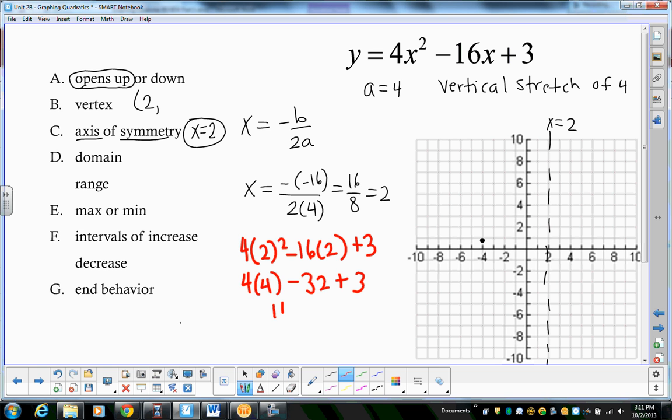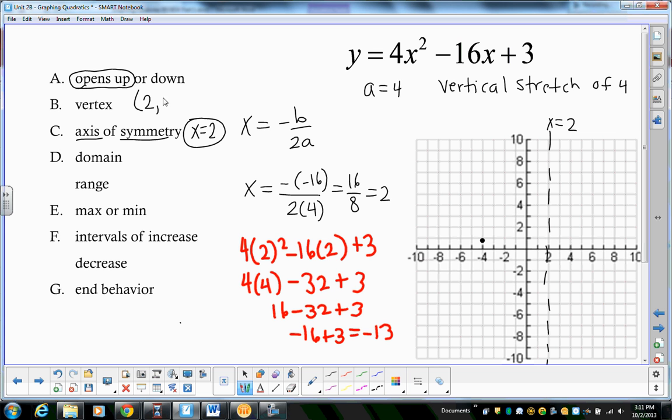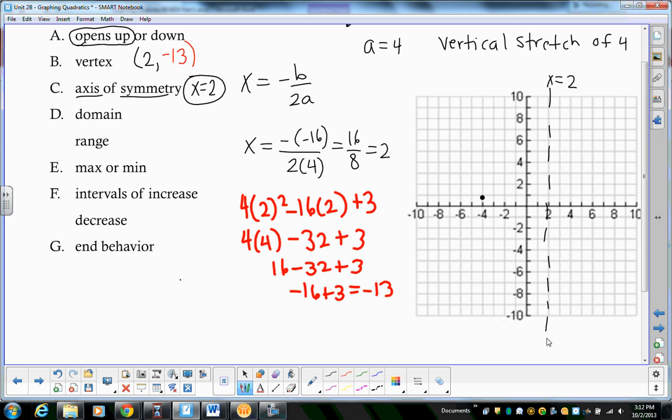So I have 16 minus 32 plus 3. So negative 16 plus 3, I get negative 13. Okay, so I now know that my y value is negative 13. So I can plot my vertex, it's actually at 2, and it's slightly off my graph here, down at negative 13. So 2, negative 13.